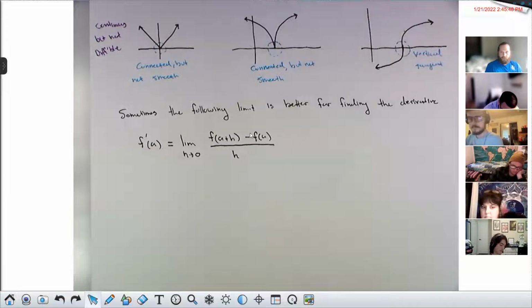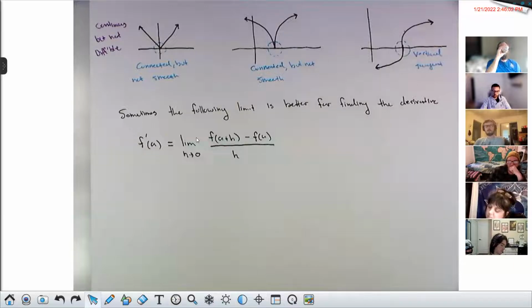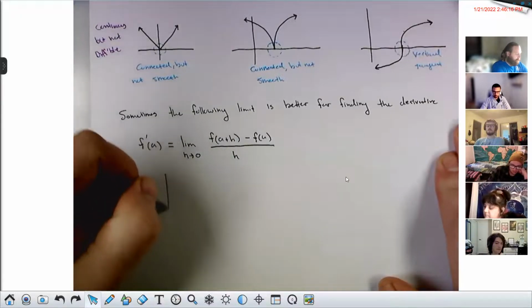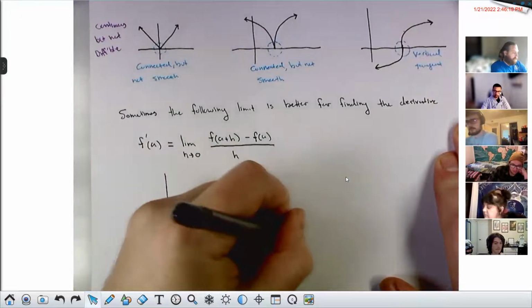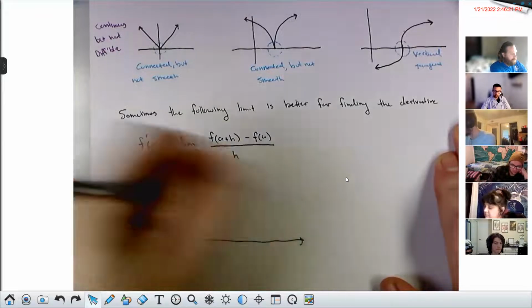The two really do say the same thing. And this is sometimes called the limit of the derivative as a function versus the limit of the derivative at a point. But I don't make any such distinction. You can use either one in either instance. This is actually a little more common. You'll see this definition a little more, but they do the same thing. The picture that comes with this one, I haven't really been happy with any of these pictures I've drawn yet. So let's try to do this one nicely.